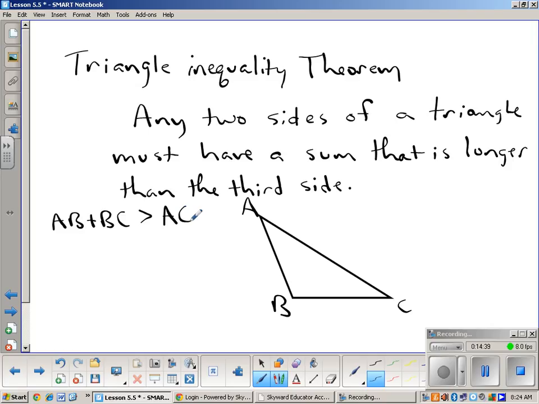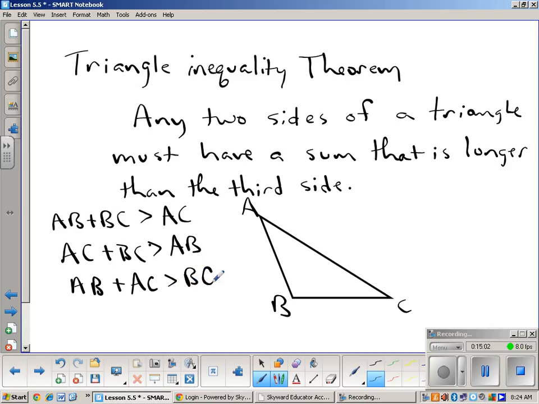We're saying that AC plus BC must be bigger than AB. And AB plus AC must be bigger than BC. This is what this theorem is saying.